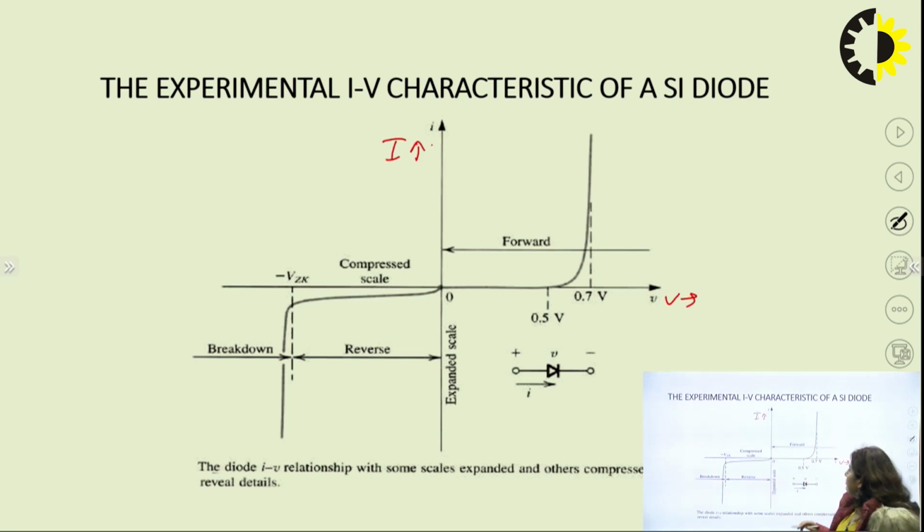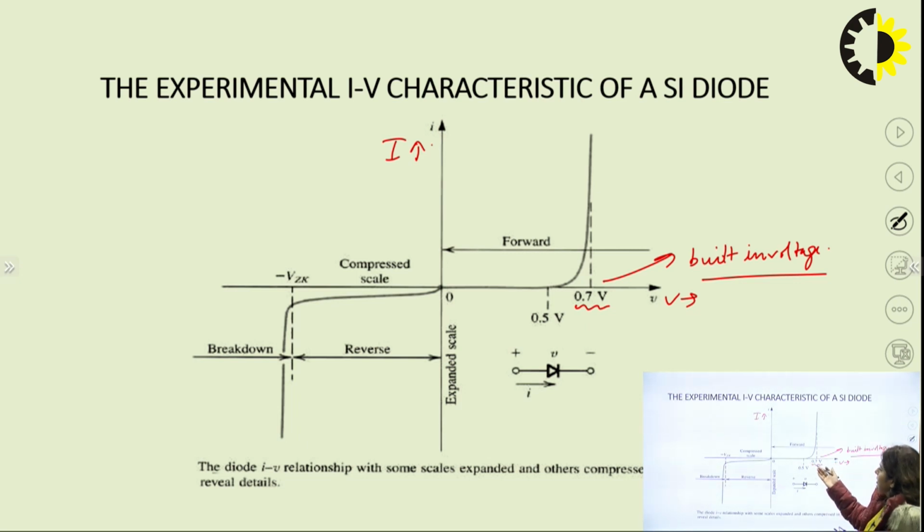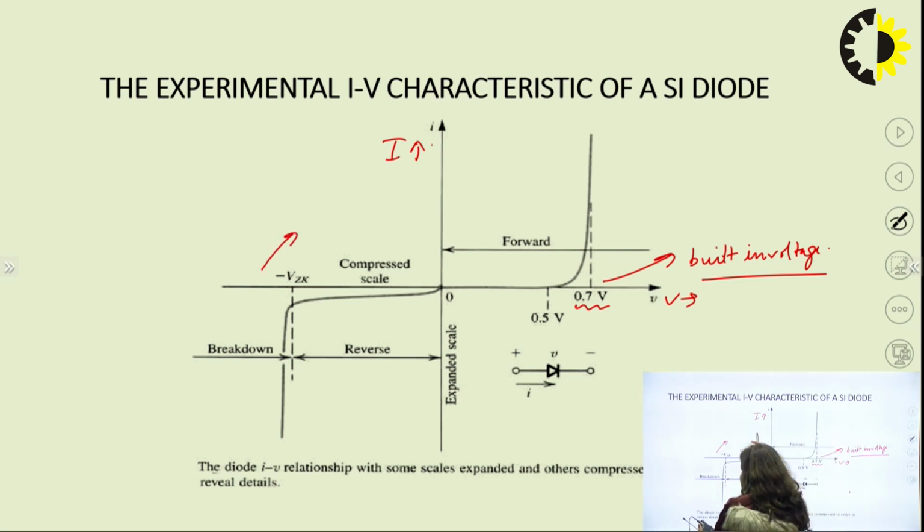In forward biasing, 0.7 volt is the built-in voltage. Below this voltage the current is 0, but when you exceed the voltage from 0.5 volt to 0.7 volt, there will be a sharp increase in the current. Similarly, in the reverse direction, we have a breakdown voltage, usually the Zener breakdown voltage, which we will cover in later lectures.